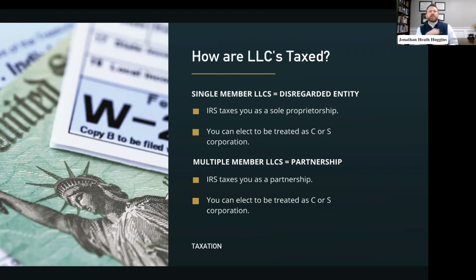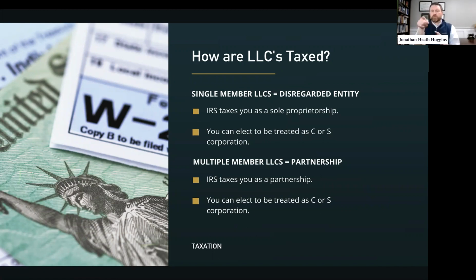Okay. So you might be thinking, okay, I've got an LLC set up, but the question is how is it taxed? How does all that work? Well, that is where we're going to go a little bit further into that business policy. So a single member LLC, now a disregarded entity, is considered a sole proprietor, which means you can set up an LLC by yourself.